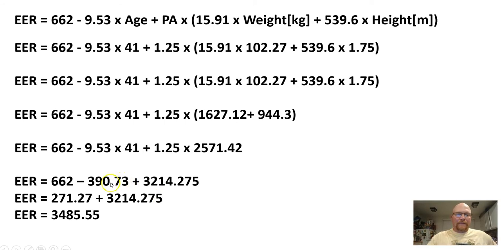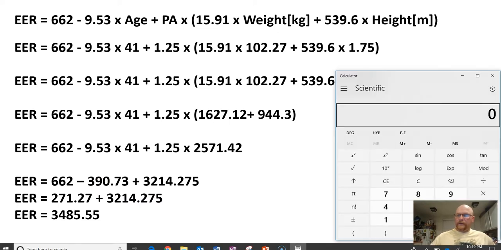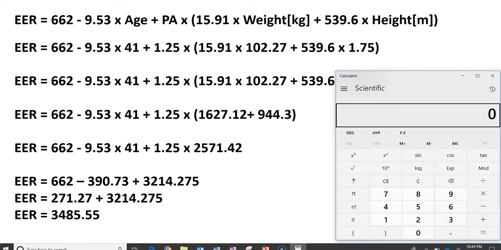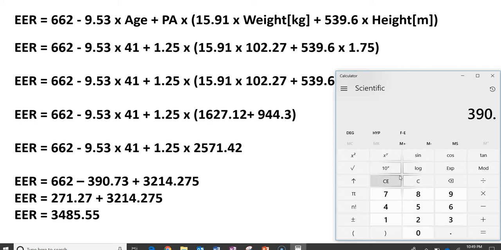3485.55. Now, if you look back up here, if you have a calculator handy, and I can pull one up right here. So if we take 390.73 and add that to 3214.275, it's 3605.005.